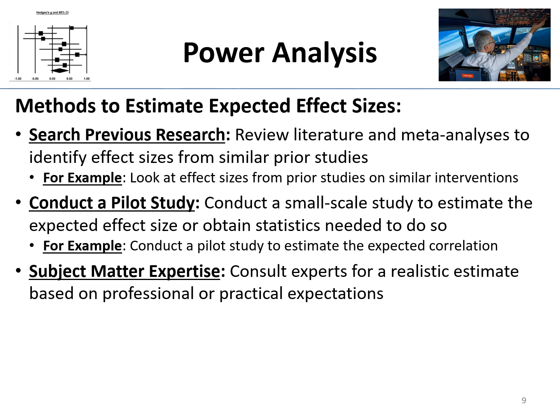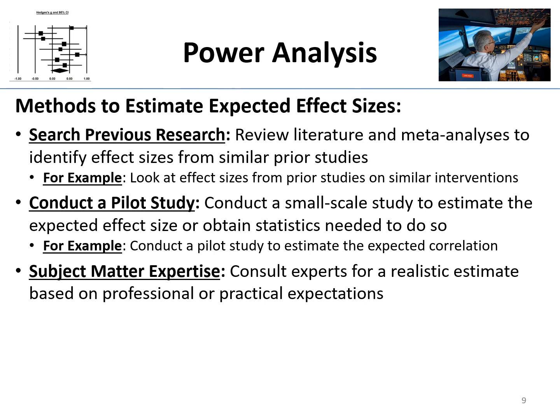Another thing you could do is look for subject matter expertise. If there are subject matter experts in your area, you could consult them and ask, what's a realistic estimate, based on your professional or practical expectations, for how big of a difference or relationship I expect to see in my study?